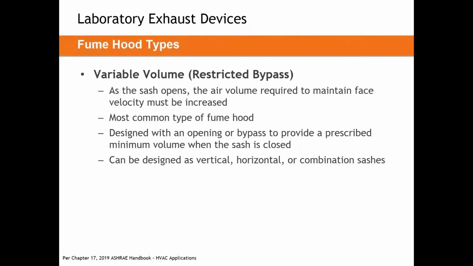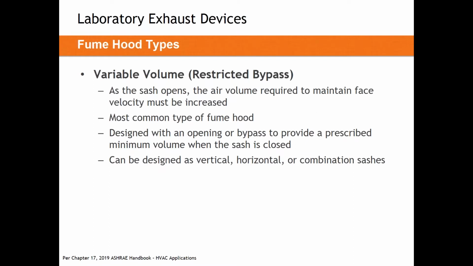But not all laboratories are designed this way. In some cases, we'll design a laboratory that will be fume hood driven, meaning say we have 4 or 5 fume hoods in that same laboratory. When each of them opens to 500 CFM, we would be required to exhaust 2,000 CFM out of that lab. But our minimum ventilation airflow rates might still be 1,000. What this will do is inflate our makeup air numbers.